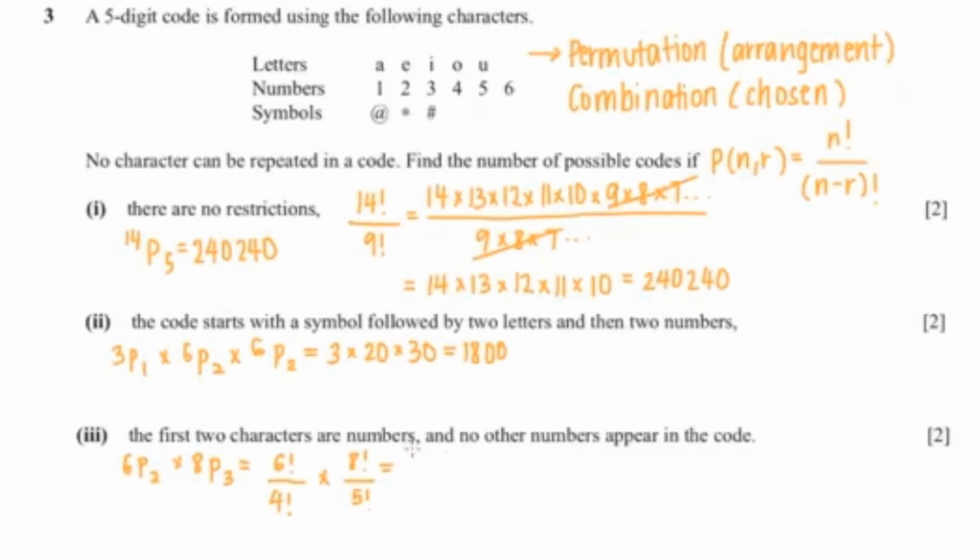So that would be 6 times 5 multiplied with 8 times 7 times 6. When you put that into your calculator, you should get an answer of 10,080.